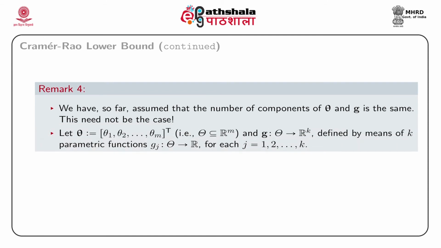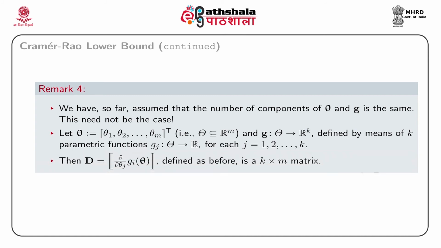Suppose theta is a vector with m elements, theta 1, theta 2, up to theta m, and g is a vector with k functions, g1(theta), g2(theta), up to gk(theta), and let capital D be a matrix whose elements are d_ij. It is a matrix of order k cross m, where d_ij is equal to del by del theta_j of g_i(theta) for all i from 1 to k, for all j from 1 to m.